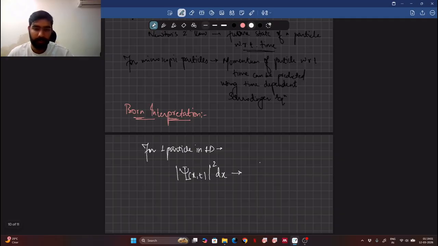So this is the probability of finding a particle at time t.